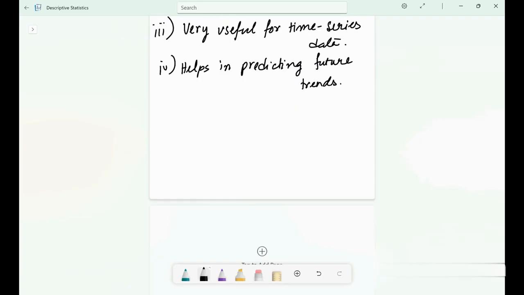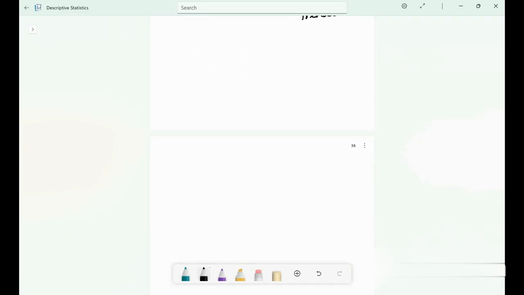Now there are also some limitations of line diagram. Let's talk about that too. First is not suitable for categorical data.